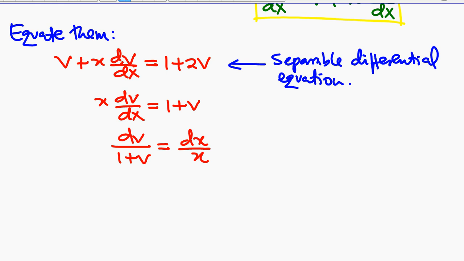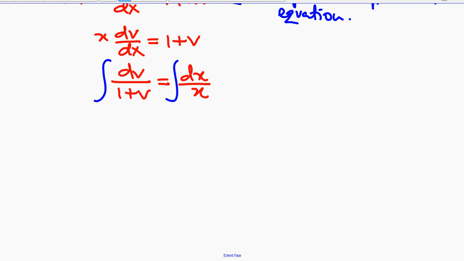And then we can just integrate this, and what we'll end up with is ln(1 plus v) is equal to ln x plus c. I know I'm supposed to use absolute value, but I'm just going to ignore that and move on.